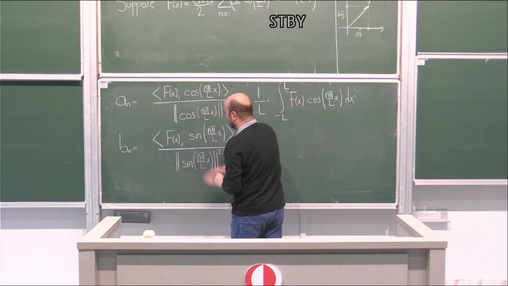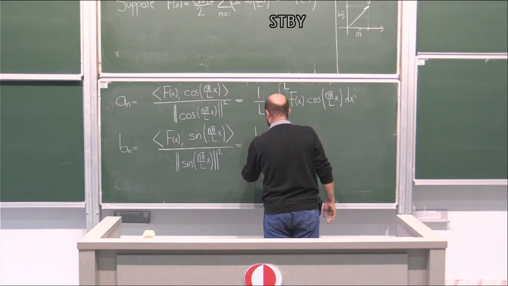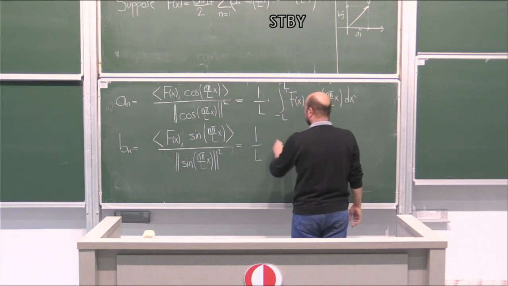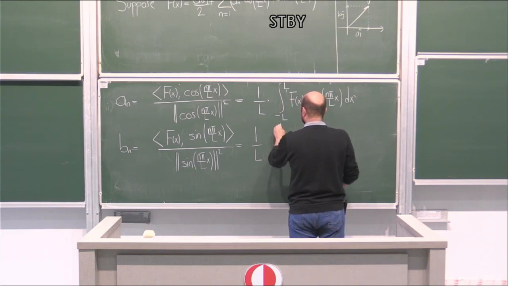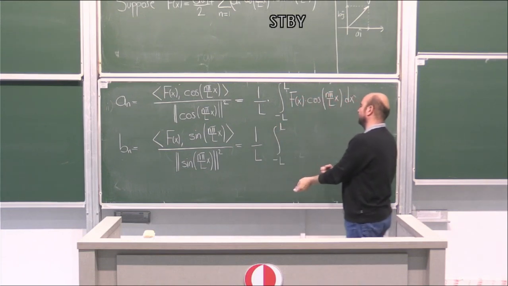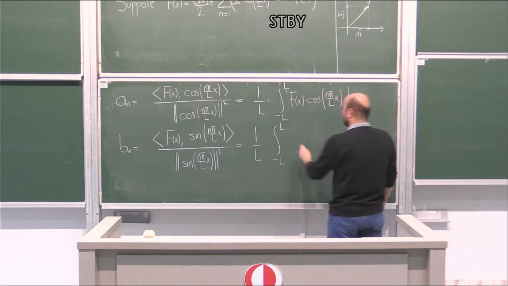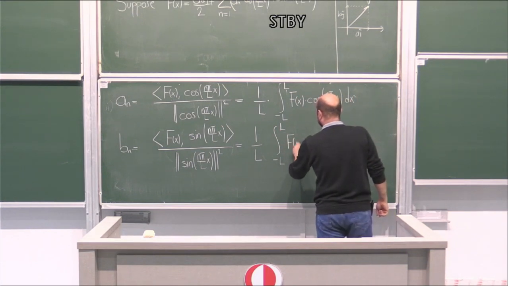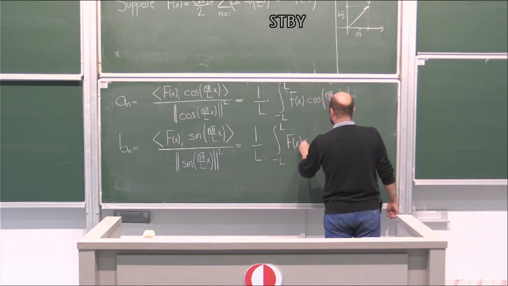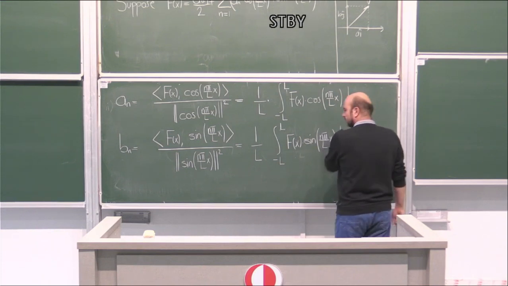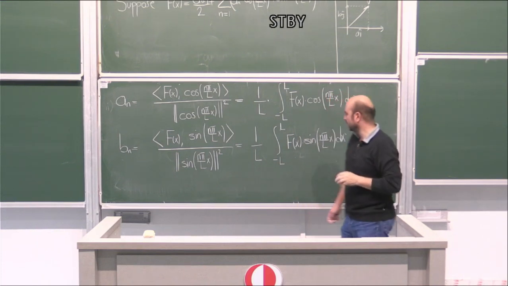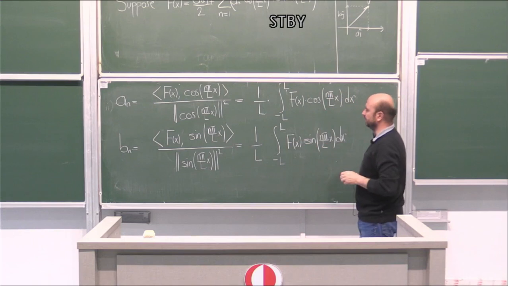But again, this was L, so we get the following formula: 1 over L, integral from minus L to L, f of x sine n pi over L x dx, right? So now we got B_n.